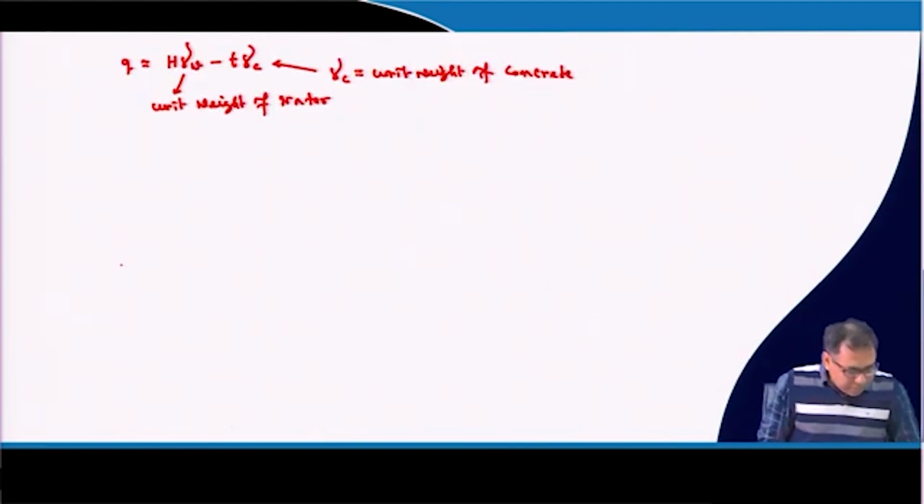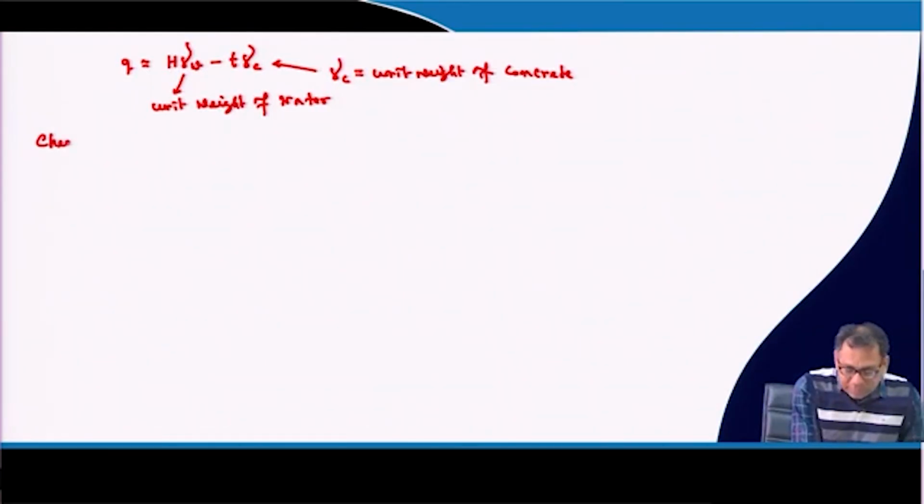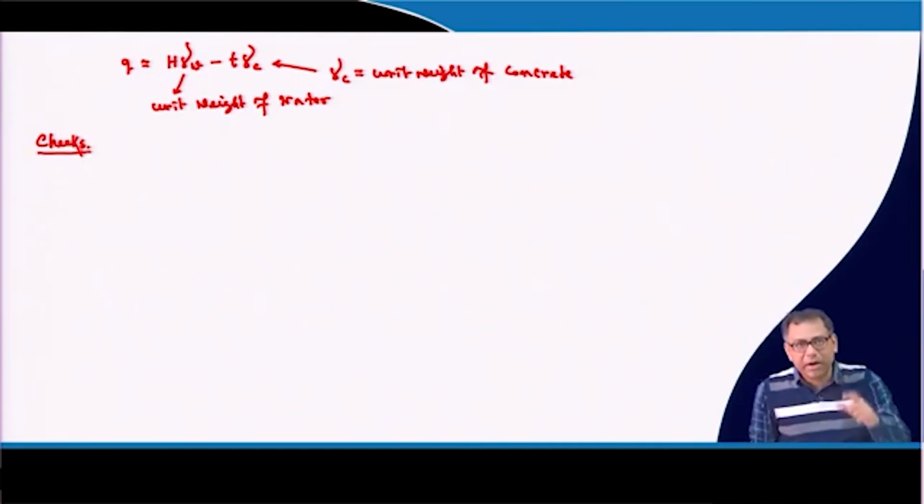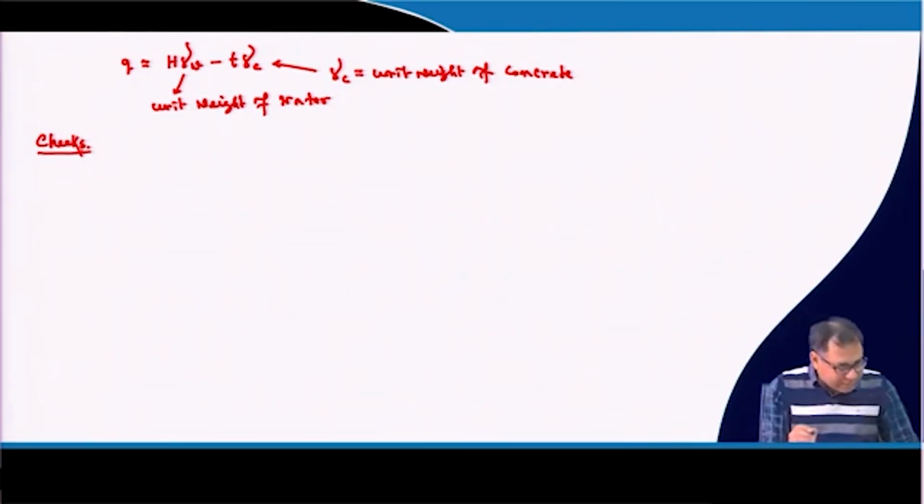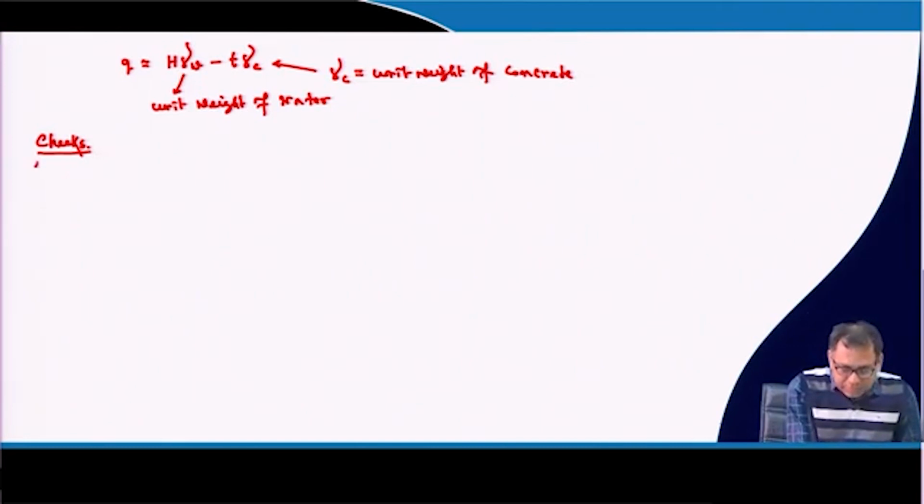So now we have to do a few checks. What are those checks? We have to check whether the thickness we have provided is sufficient or not. The first check is for the buoyancy.